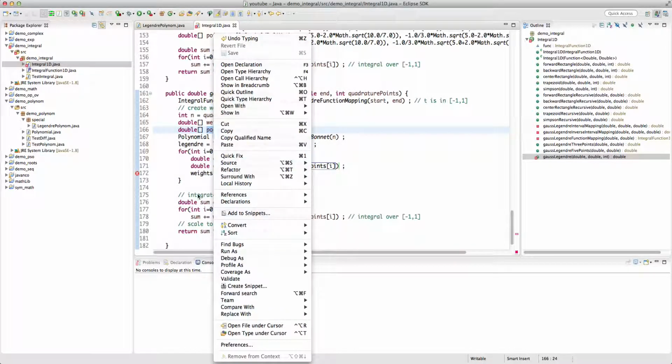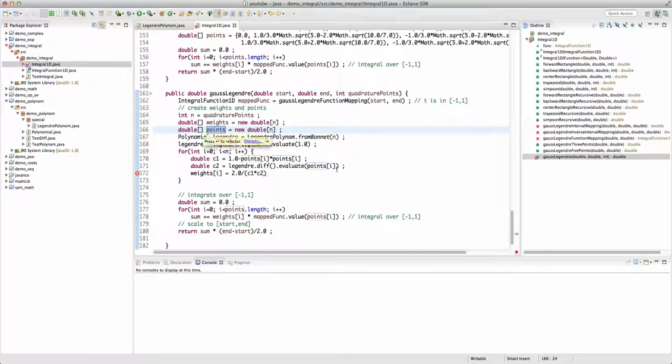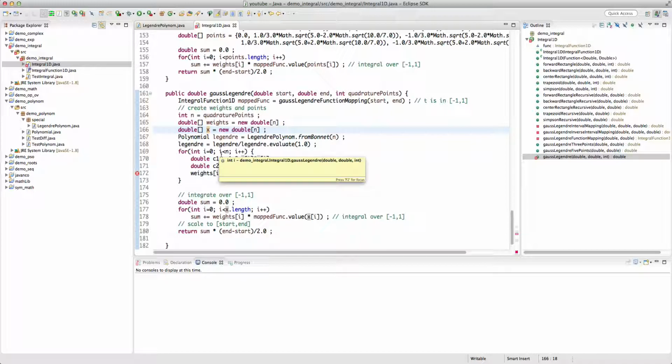Let's also do a refactoring to make it easier. All right, so this brings it closer to the actual equation, weights and x, and maybe let's just keep it like that, points and weights.